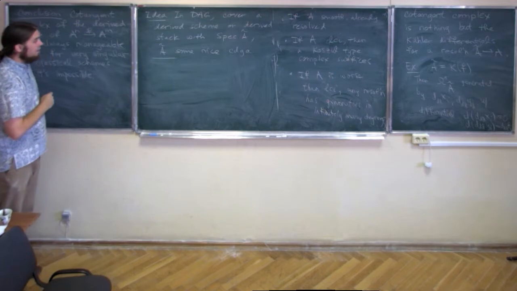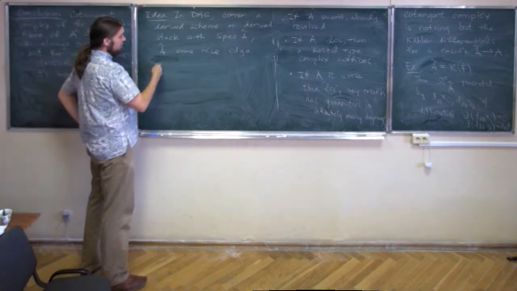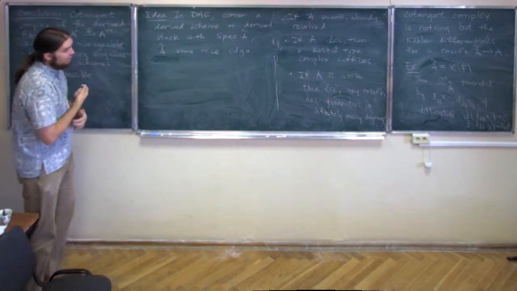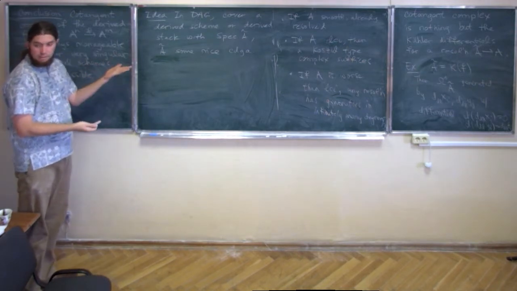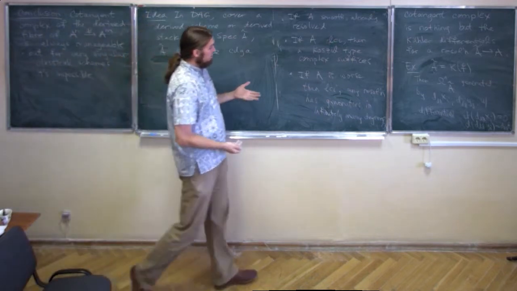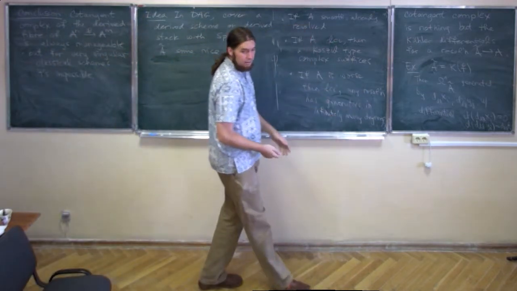So this is the idea of derived algebraic geometry. The upshot is that we're going to have nice cotangent complexes with nice differential forms on these moduli spaces, which are not really possible in classical settings.